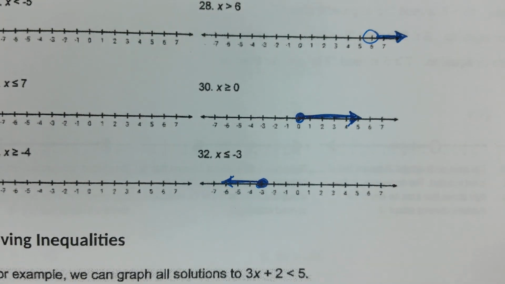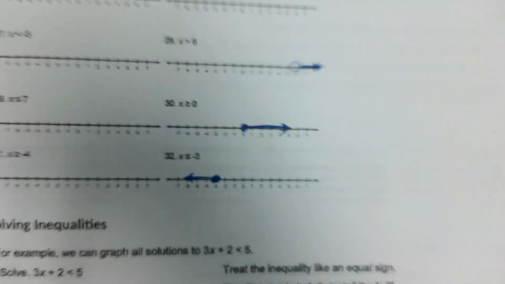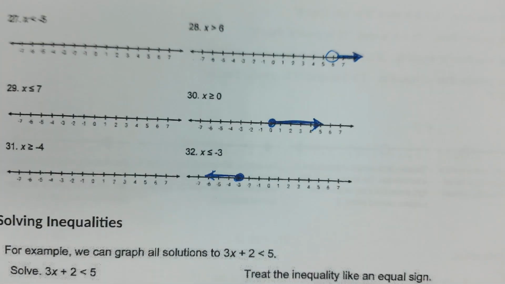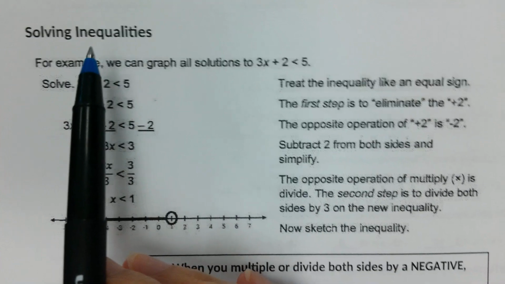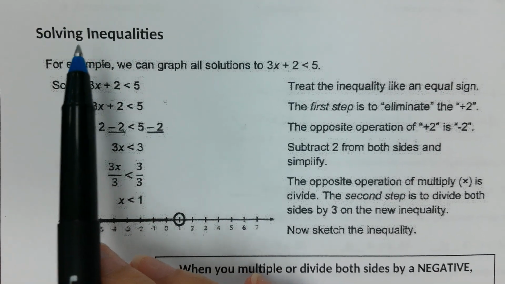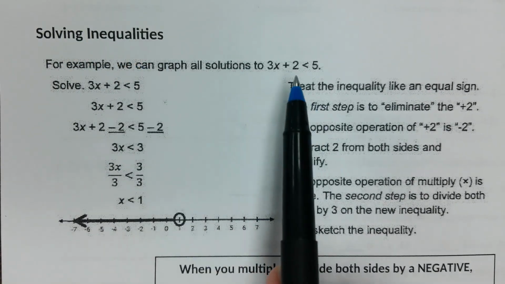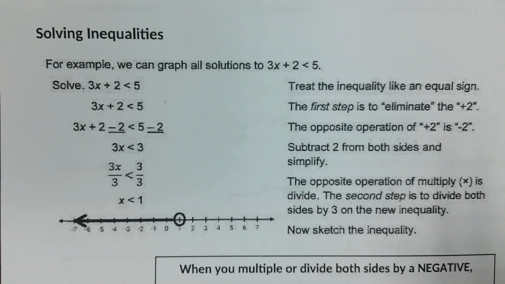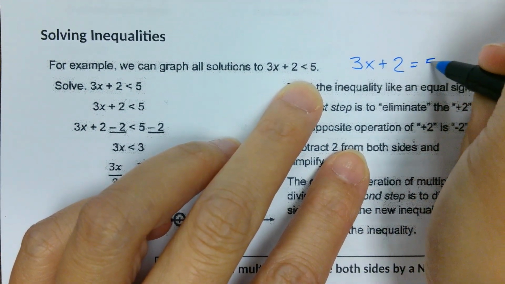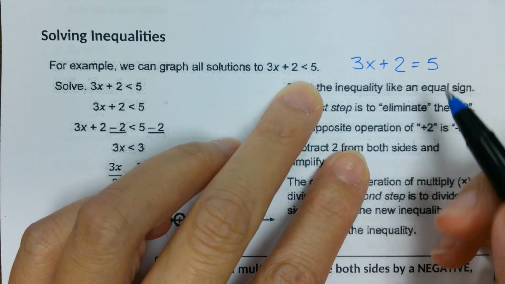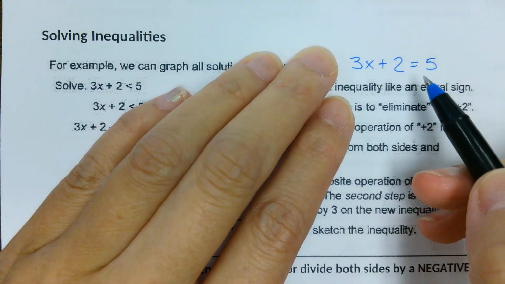Okay, good job. So now that we know how the greater or less than sign works, we're going to apply it to what we learned for the last few days, solving inequalities. Is this any different than when we wrote it like this? If I give you this question, do you know how to solve it?